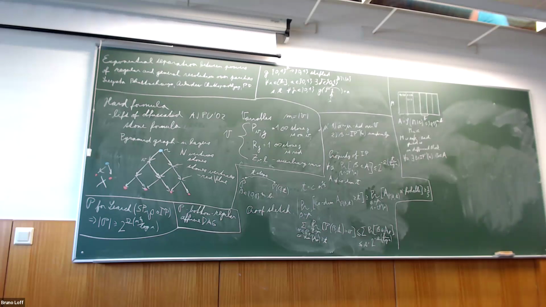And why is it so? So how can you get an element in the affine space?